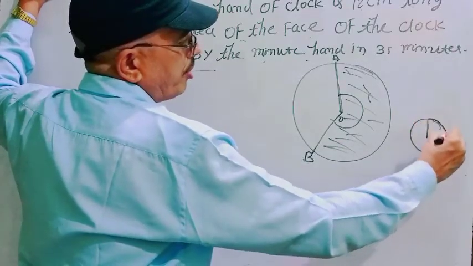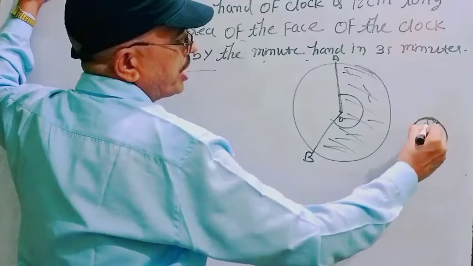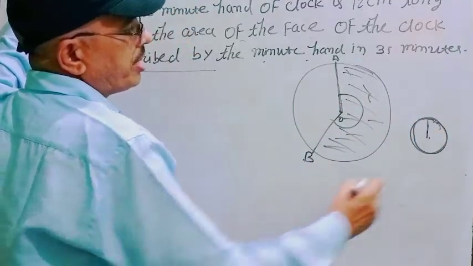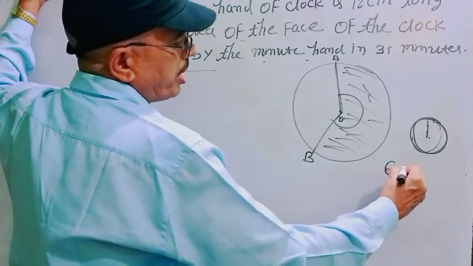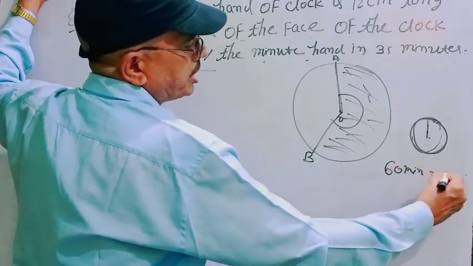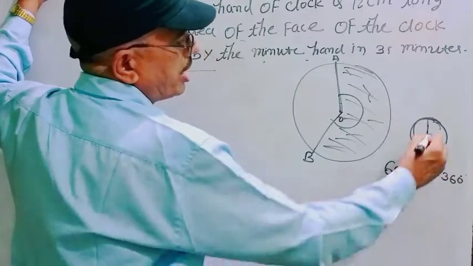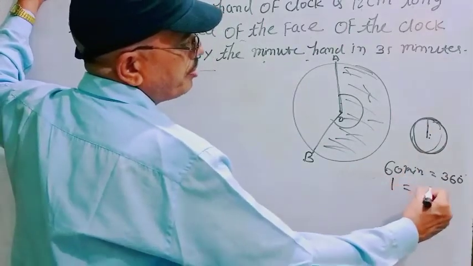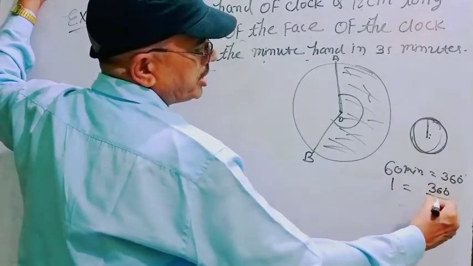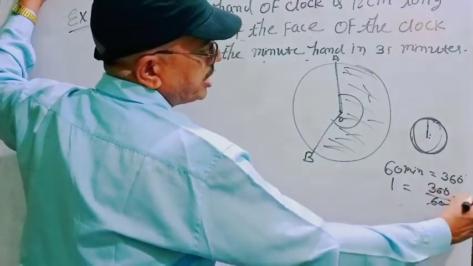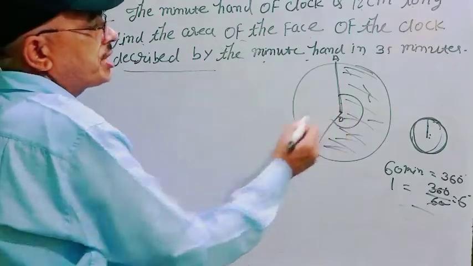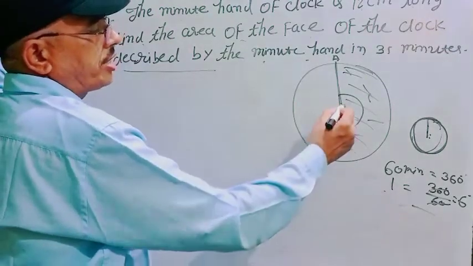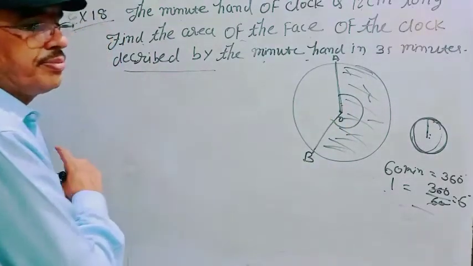One round takes 60 minutes. So in 60 minutes it makes 360 degrees at the center. So in 1 minute how many degrees? 360 by 60, that is 6 degrees. So it is clear the minute hand makes 6 degrees at the center in 1 minute.